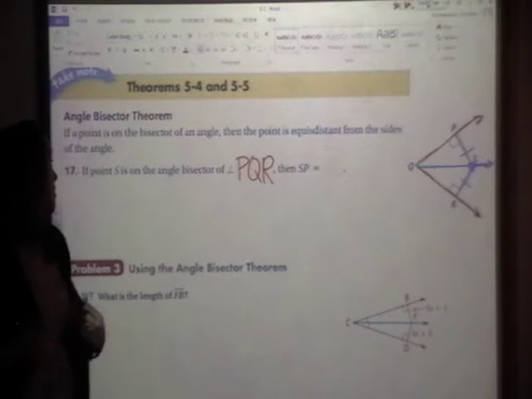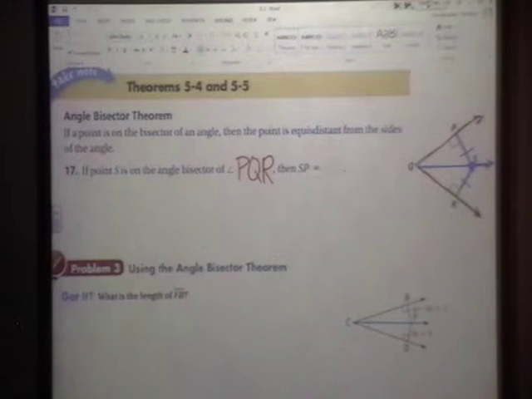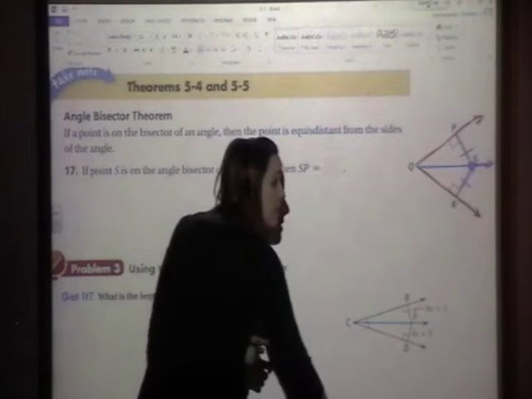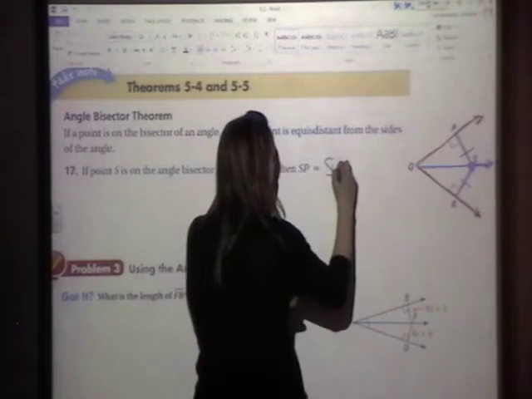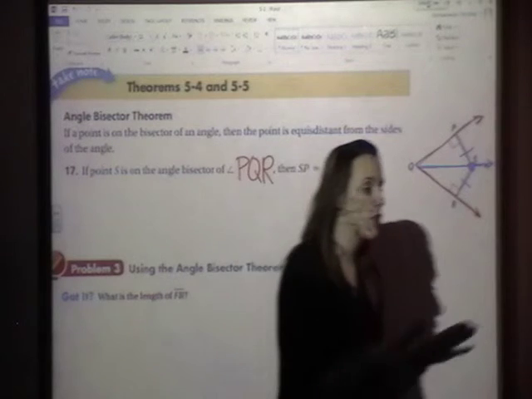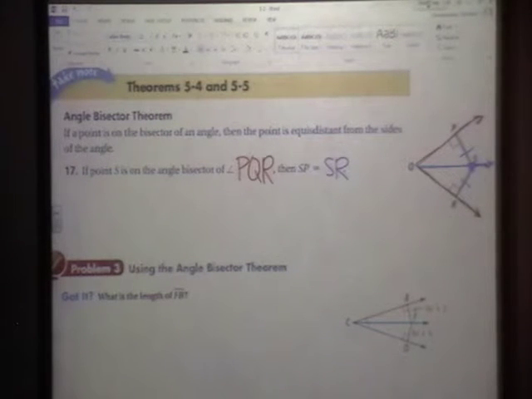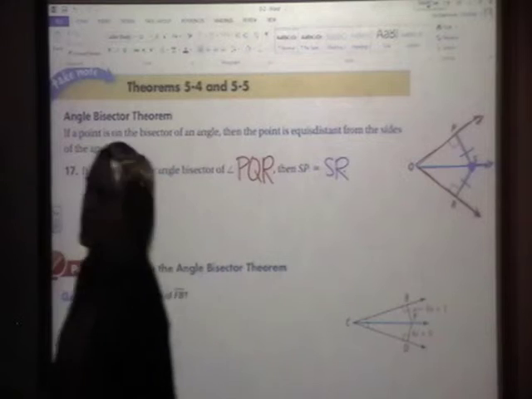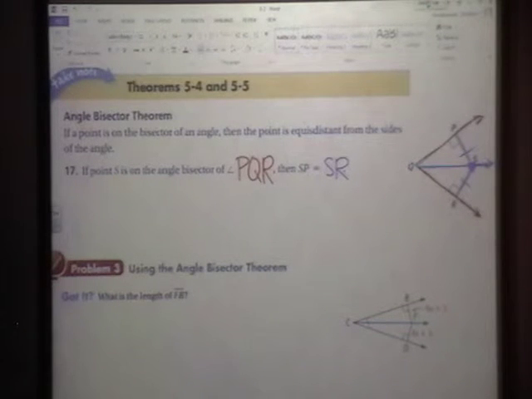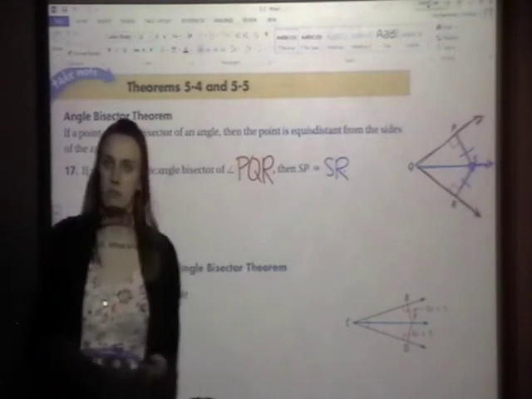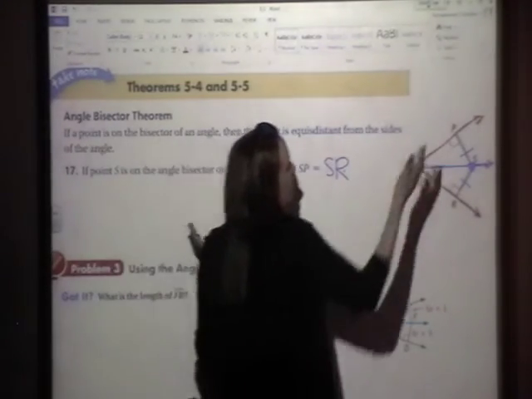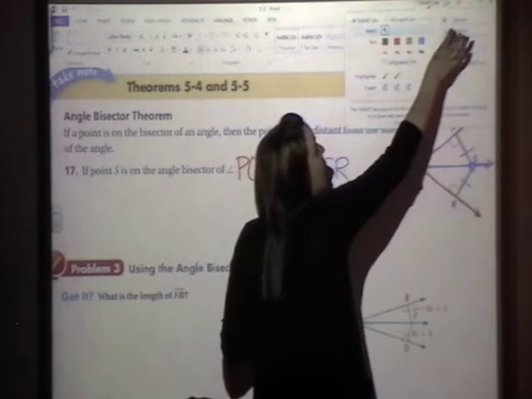So if S is on the angle bisector of angle PQR, then SP is equal to what? SR. Perfect. Those two segments created from a point on the angle bisector have to be the same. SP has to be equal to SR. It's the same idea: equidistant, they have to be identical.